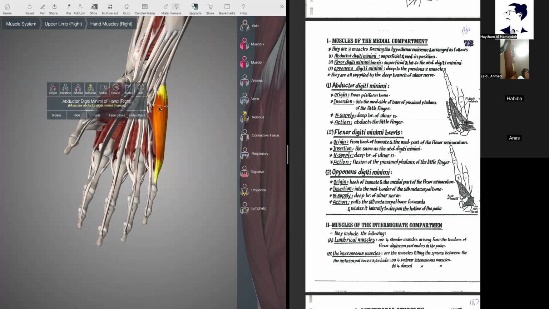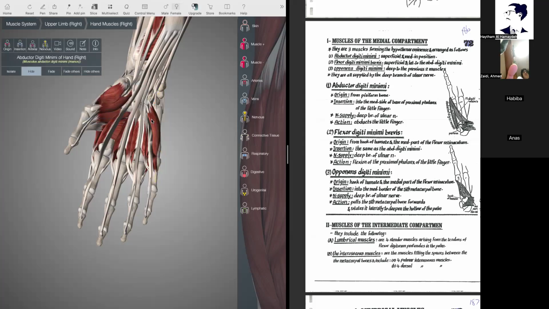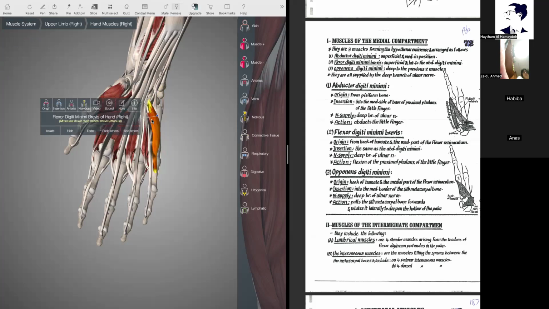Abductor digiti minimi. It is the abductor of the pinky finger. Flexor digiti minimi brevis.